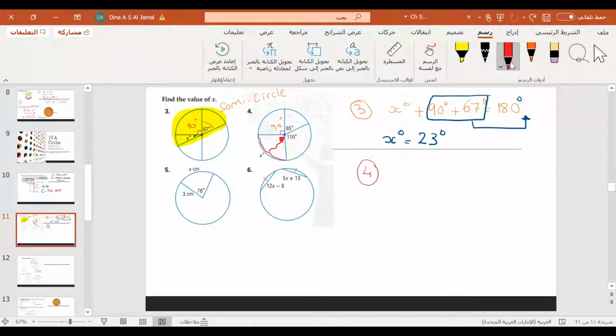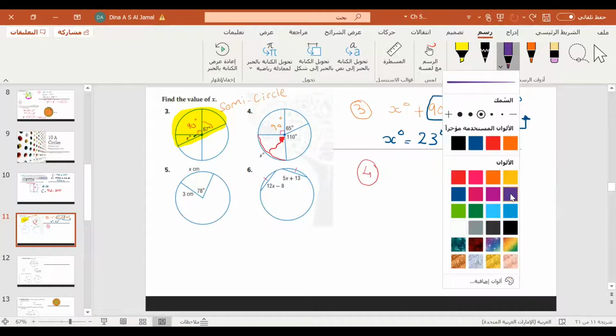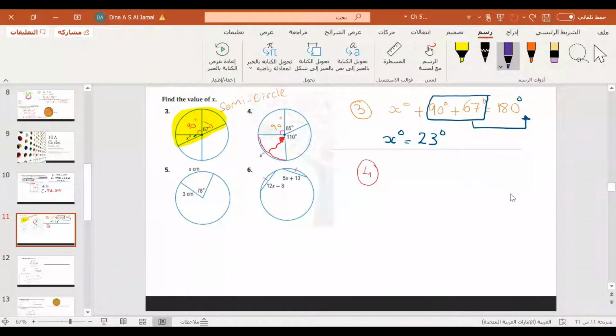You should know that the summation of all the central angles inside a circle adds to 360. So first of all, to know the measurement of this arc, you should know the measurement of the central angle related to it.